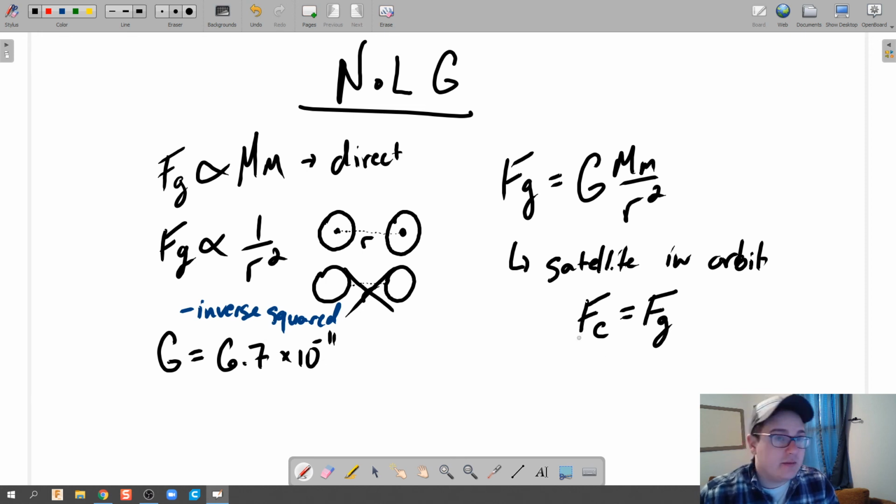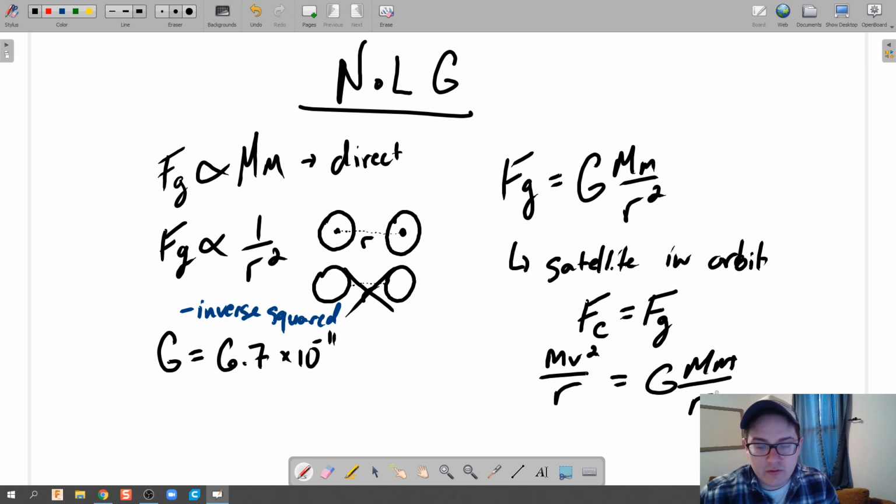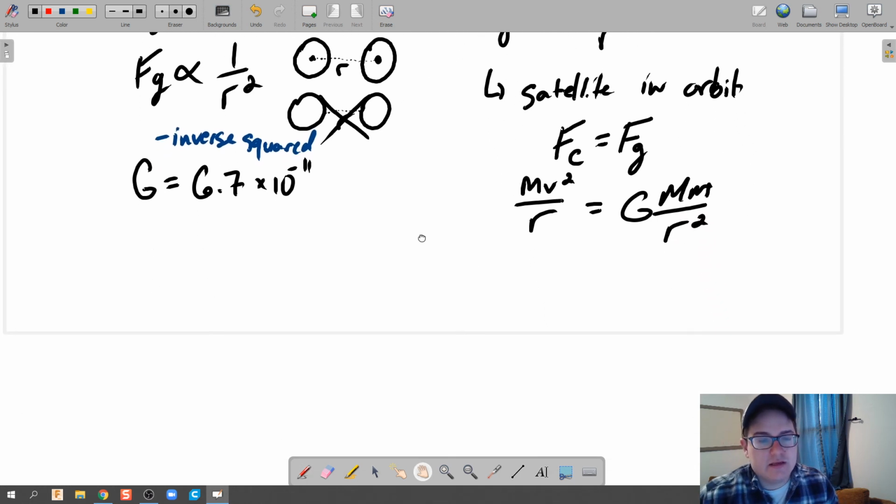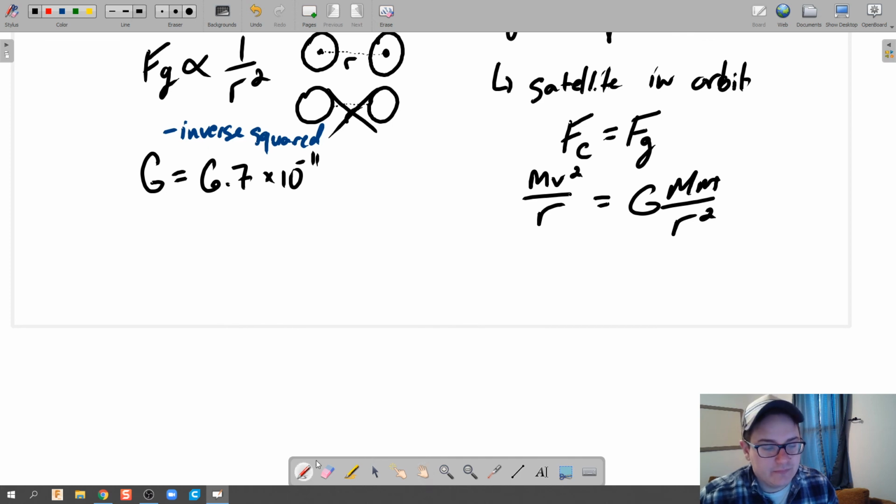And back in that previous video, we said centripetal force is mv squared over r, and that's equal to G(m)m over r squared. With this, I'm able to do a couple of interesting things. First thing is that the mass of the satellites cancel out.